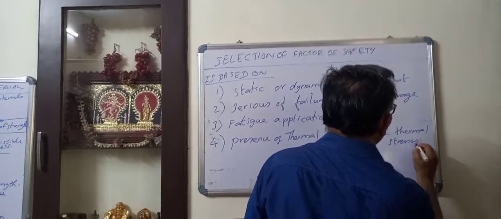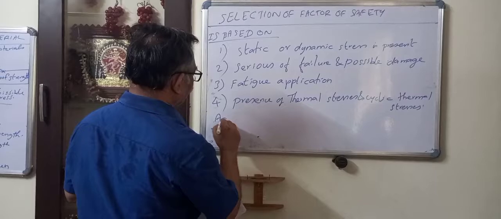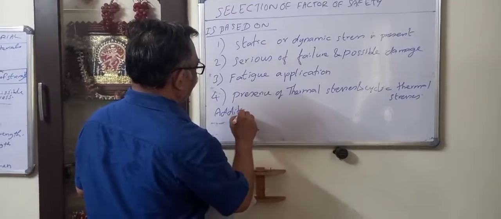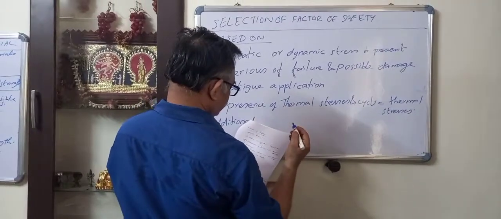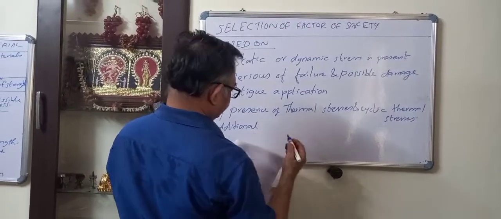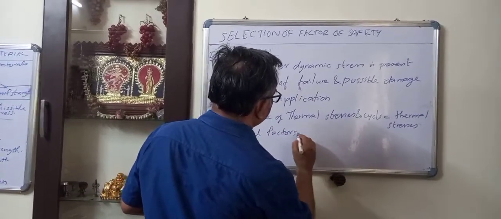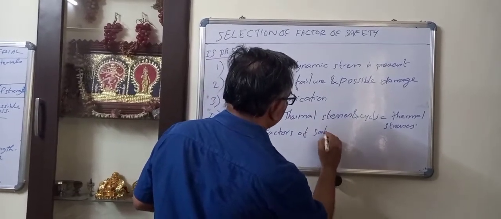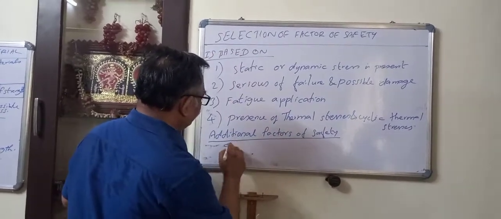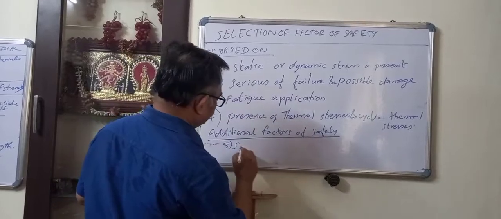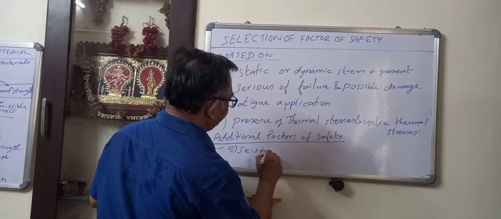Based on this also, we have to select the factor of safety. And additional factors of safety are, number 5, seismic factor.